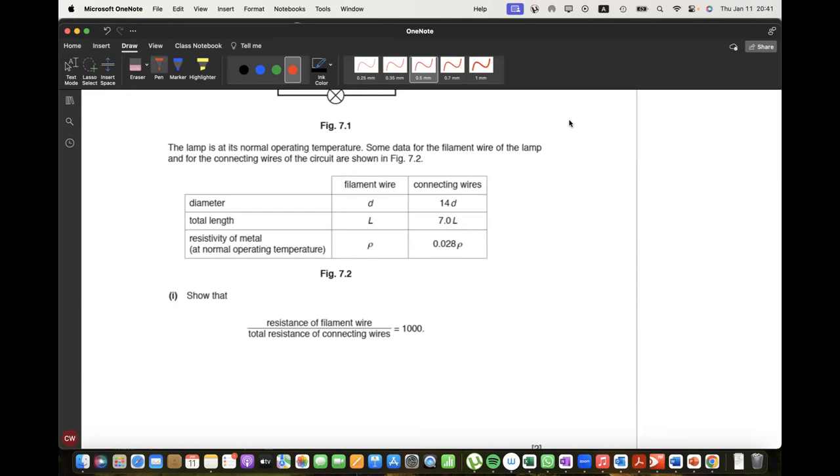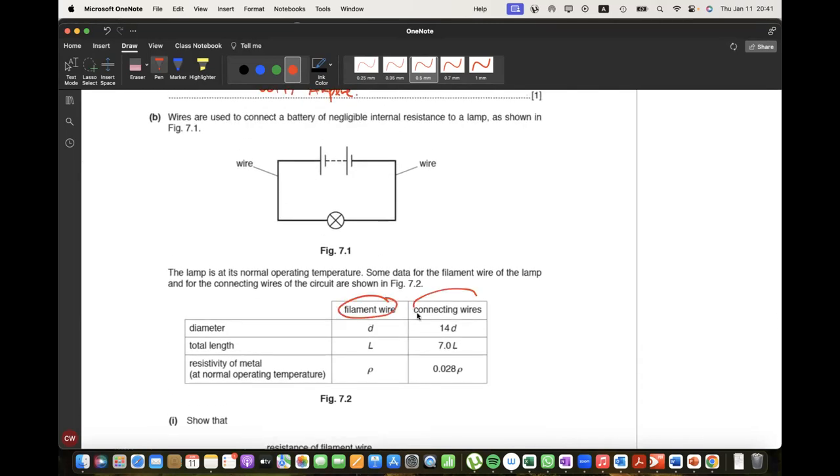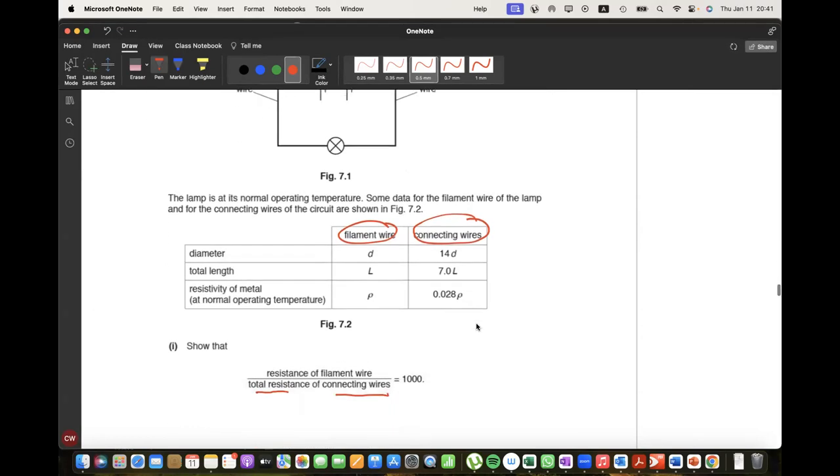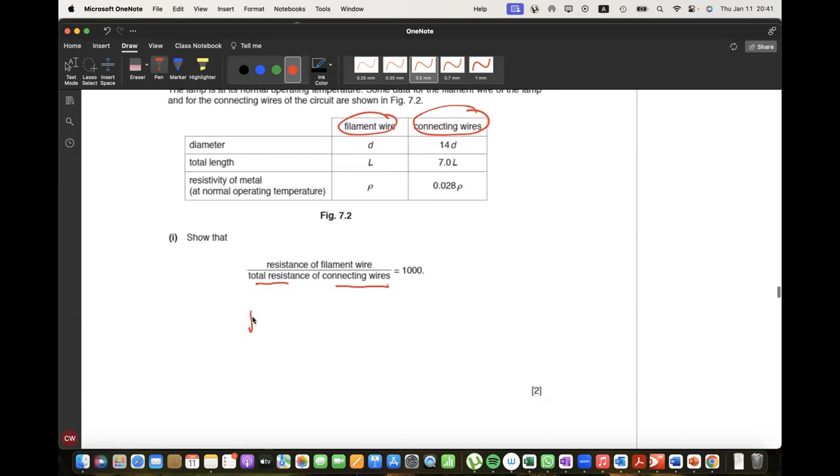Not this one. How do we compare the resistance and total resistance of the connecting wire? You've got filament wire and connecting wire. The connecting wire is the wire from here until here. Filament wire is only here. Resistivity is 1. How do you show this is 1000? What is the formula for R?